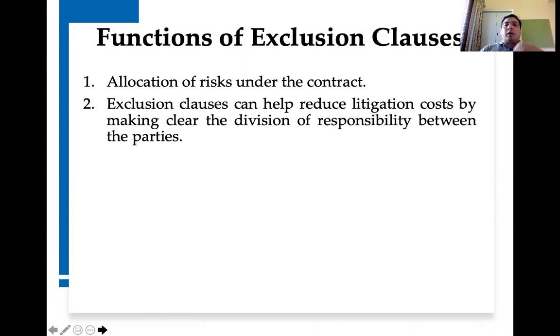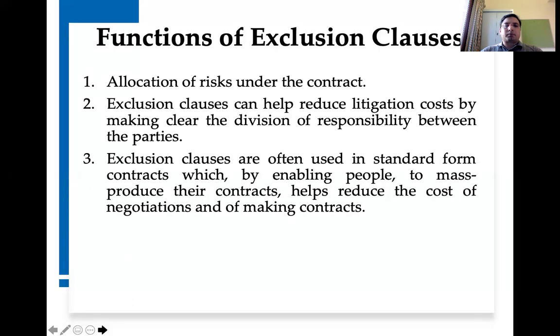Exclusion clauses also help reduce the chances of litigation, and by doing this, reduce the cost of commercial transactions by making clear that the responsibility is properly divided between the parties. Through exclusion clauses, parties make sure who will bear the risk of a particular deal.